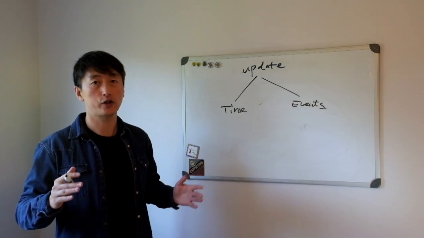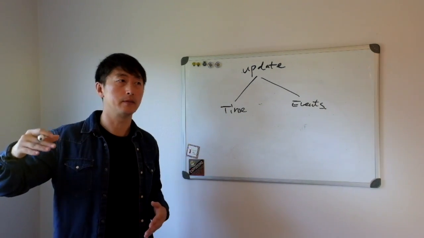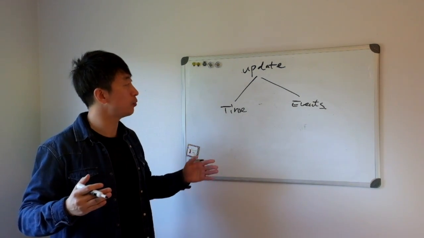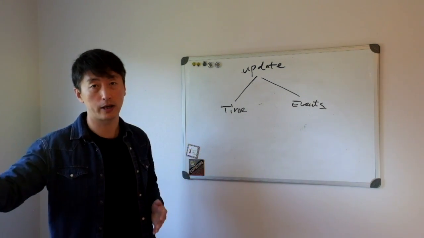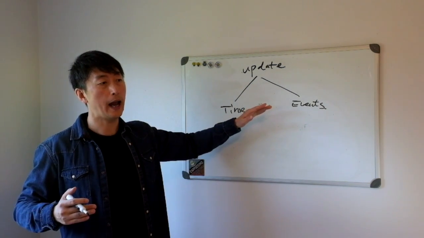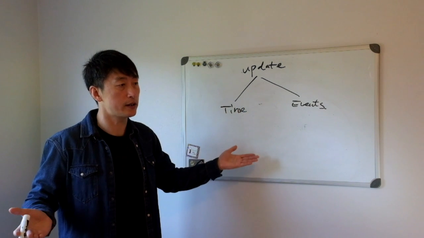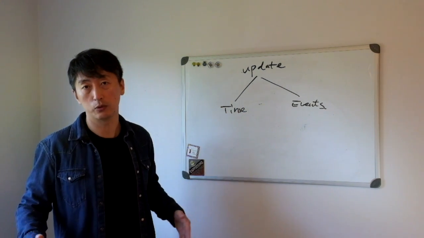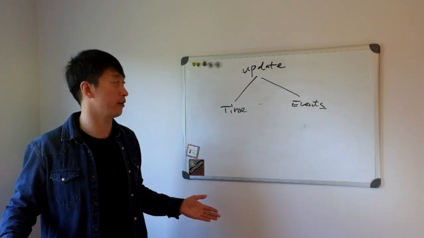Some events are going to enhance the upside potential of the investment. Some events will increase downside risk. So the update is really the most important thing. And this is when you decide to add to the position, hold on to the position, or sell your investment altogether.